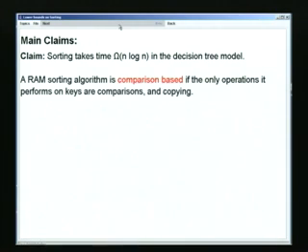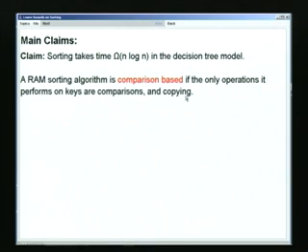But I first want to relate all this to a RAM model, because a RAM is after all what we use every day. A definition first. A RAM sorting algorithm is said to be comparison based if the only operations it performs on keys are comparisons and copying.